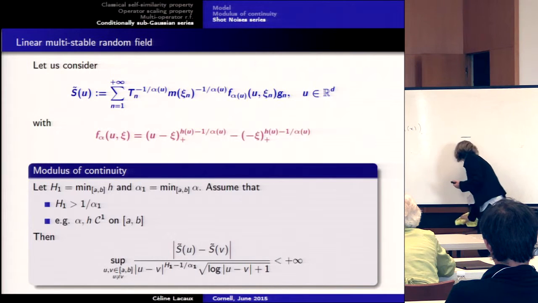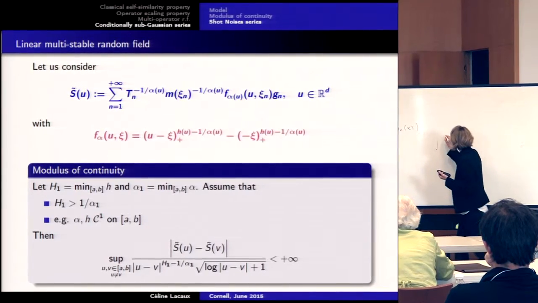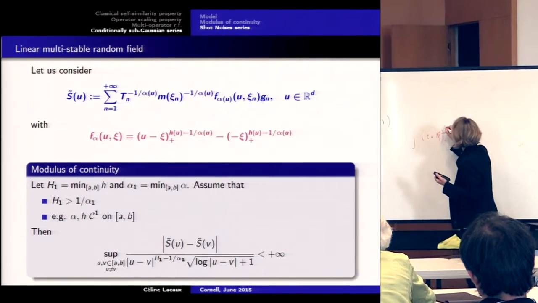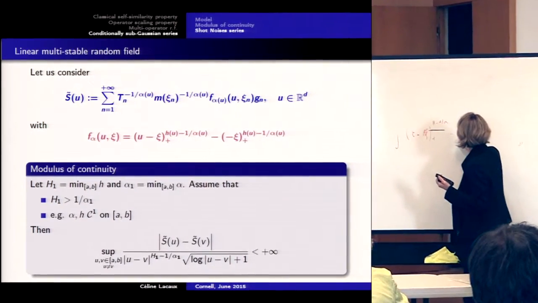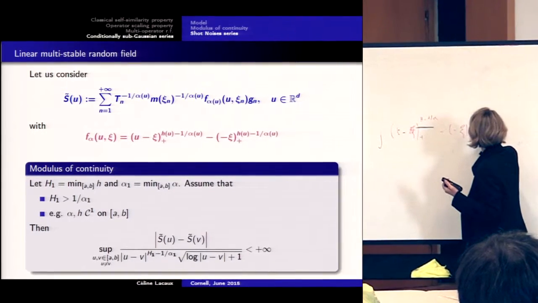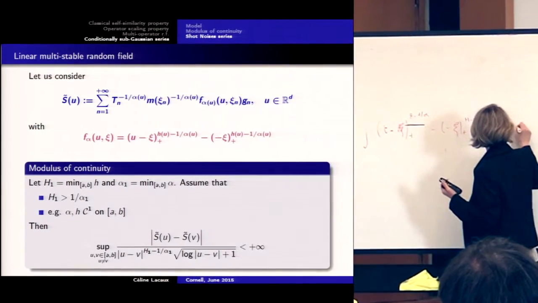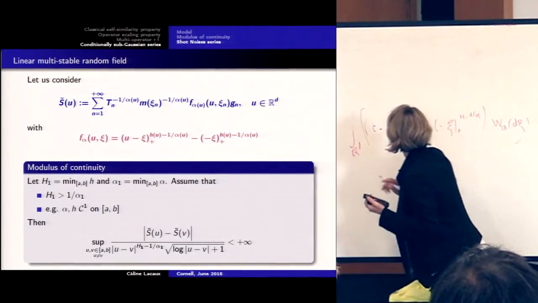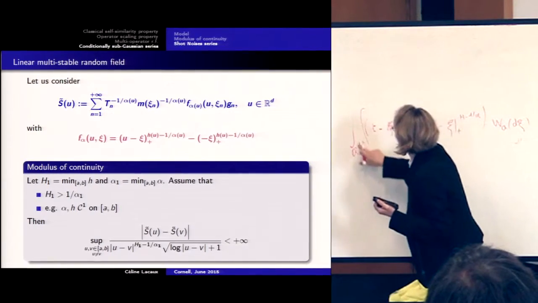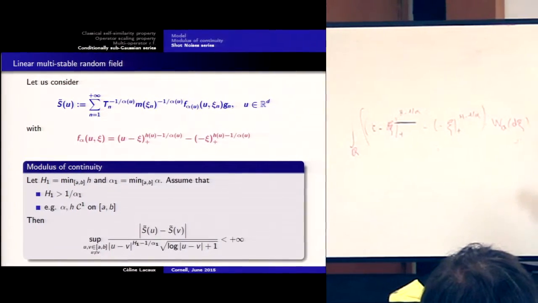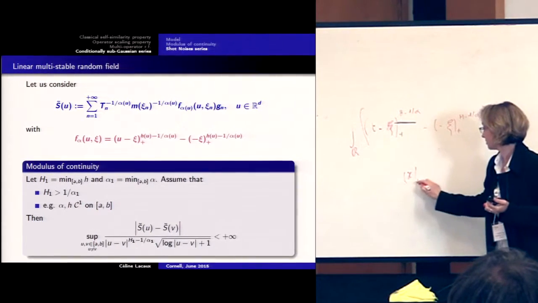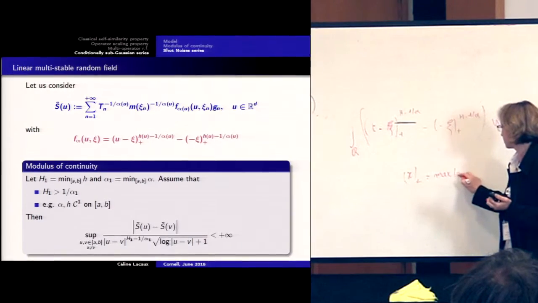That means, for example, the linear stable motion, which will be defined like this. So, this means that x is the maximum between x and 0.